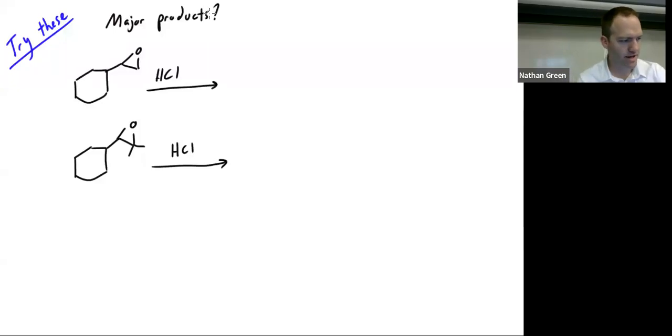And that's kind of misleading, sorry. So what I really want is, I want the major product for each reaction. One product per reaction.